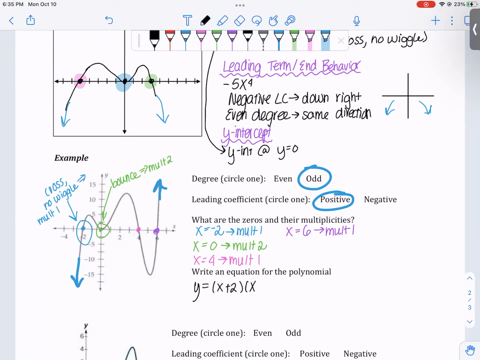So if we have 0, it's like x minus 0 quantity squared. This guy's just going to come out front in the end. For 4, the multiplicity is 1. So we have x minus 4 with an exponent of 1. And for 6, we have a multiplicity of 1. So this is x minus 6, exponent of 1.